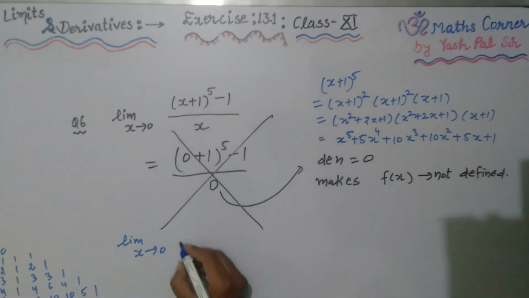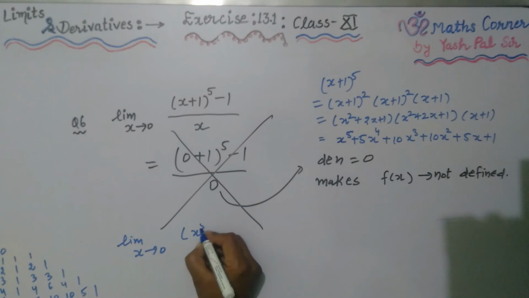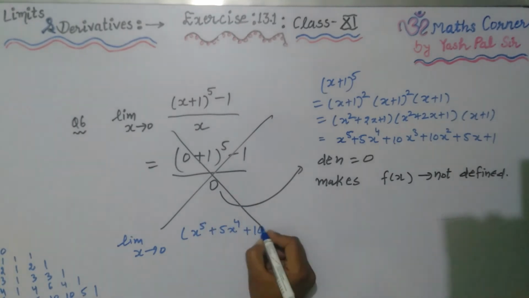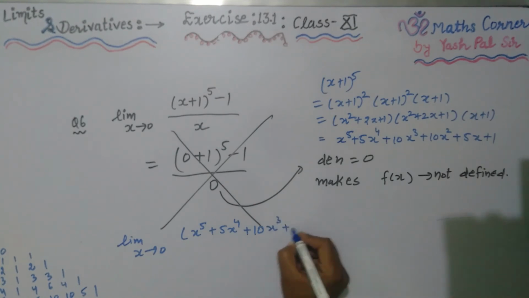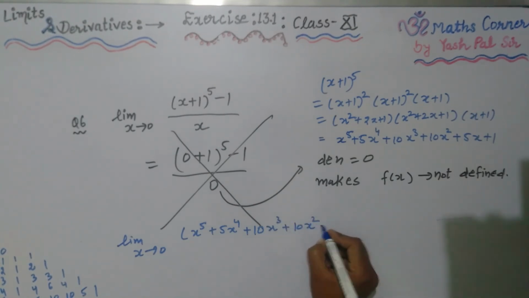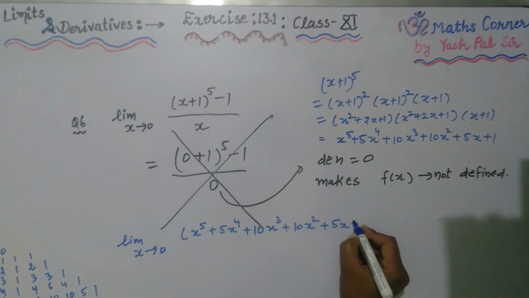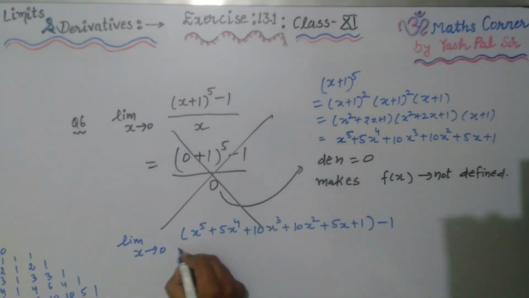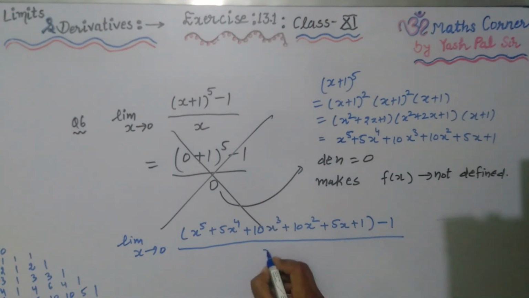So this function becomes now x raised to power 5 plus 5x raised to power 4 plus 10x raised to power 3 plus 10x raised to power 2 plus 5 into x plus 1. Outside the bracket this is written here minus 1 whole divide x.